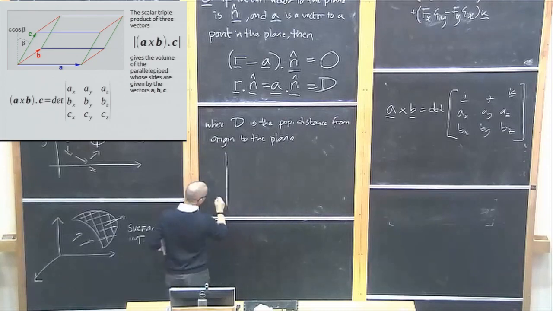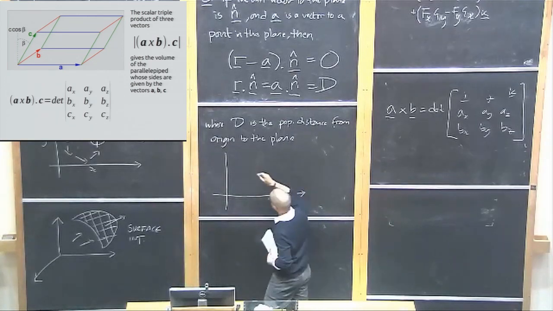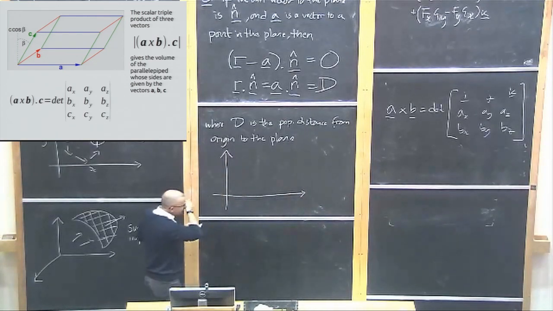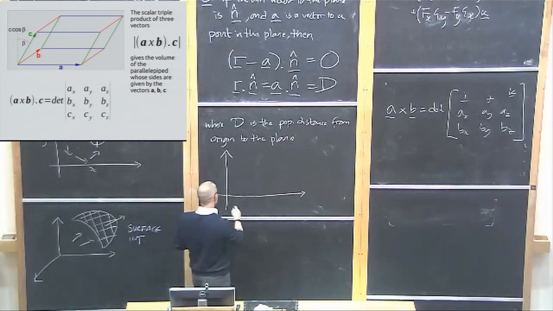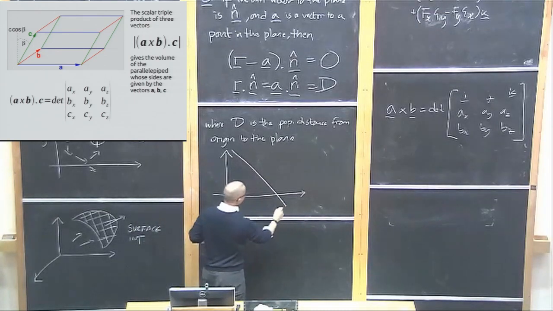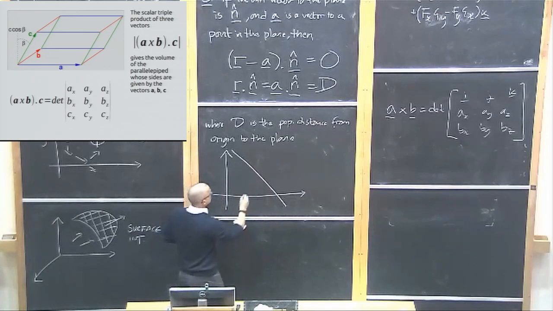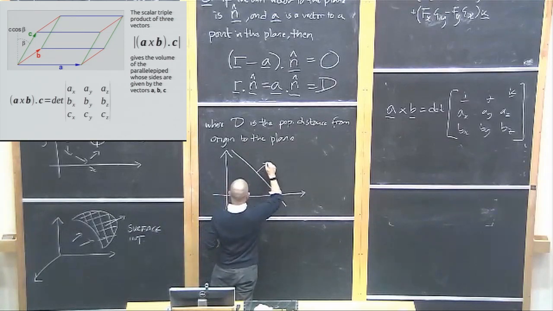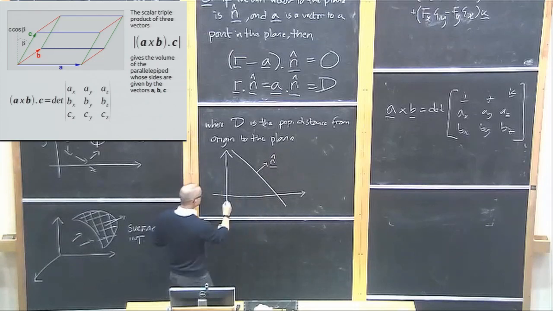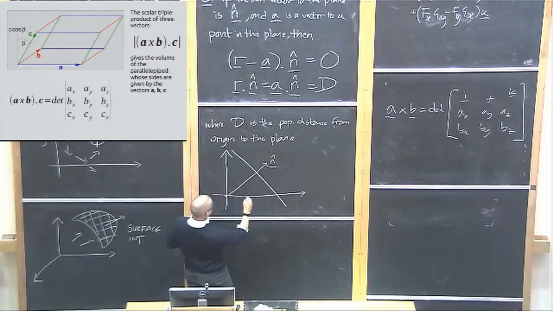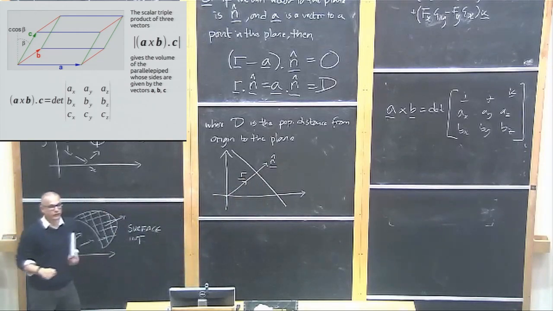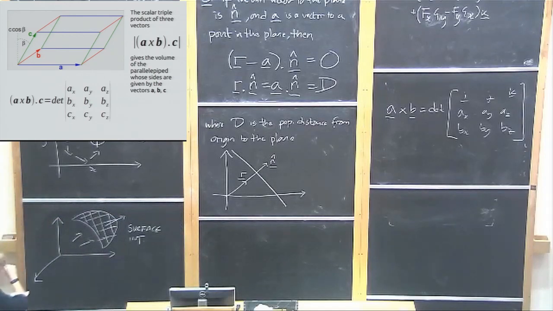And just to illustrate why this makes sense, if I do a simple two-dimensional example, here's my origin. Here I have some plane, and here I have my unit normal to the plane. Then I can see that the shortest distance from the origin to that plane is like this, okay? And then the dot product of R and n hat will give you the distance from the origin to that plane.